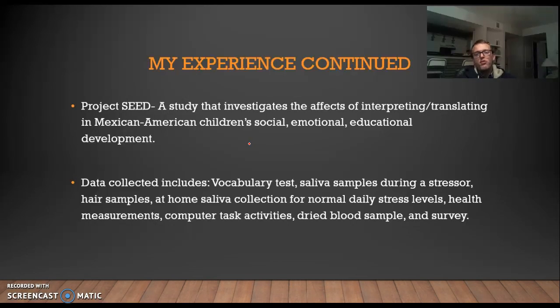These are all believed to be stress-related hormones, which we know cortisol and cortisone are. Testosterone gives you confidence in tough situations, so we want to see if testosterone is also released in the body while you're translating.